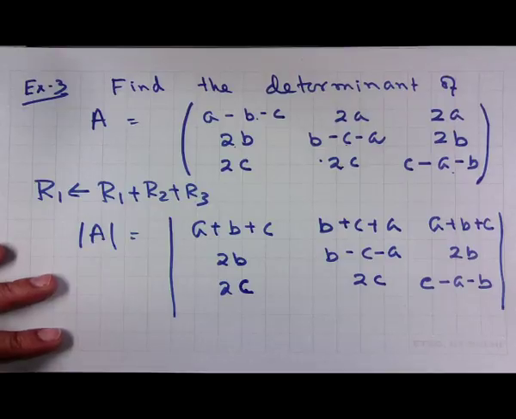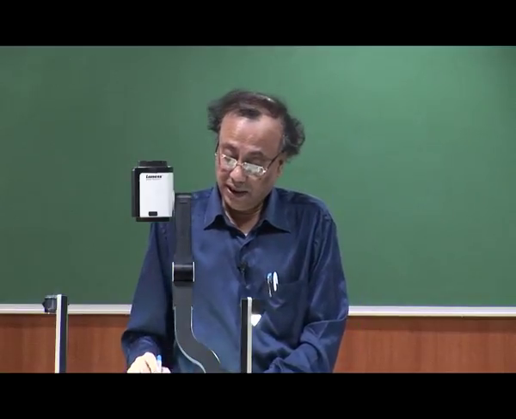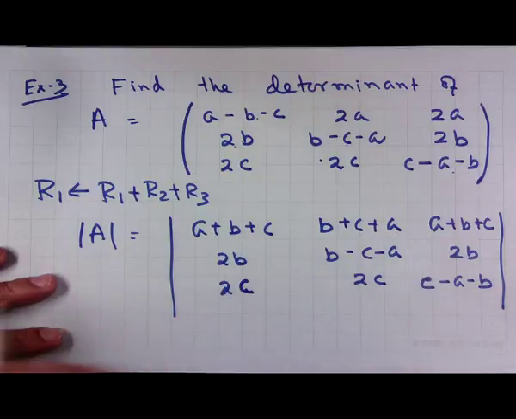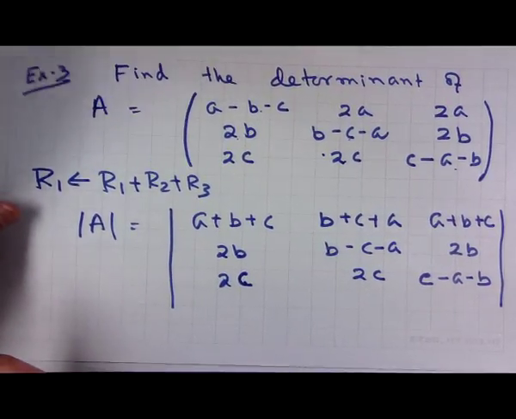What is the advantage? The advantage is that I can now take A plus B plus C common from the first row.